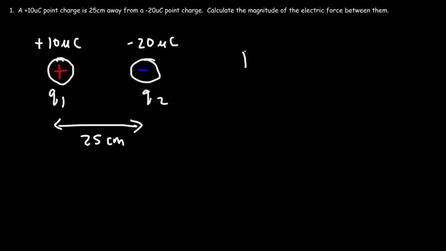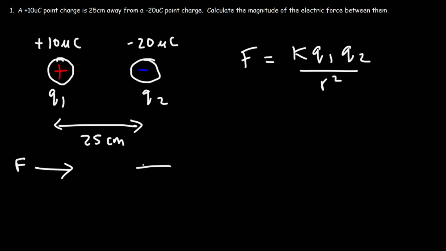So now let's calculate the force acting on the two charges. Now keep in mind, since we're dealing with opposite charges, these two will feel a force of attraction. So these two forces will be equal in magnitude. The force that is acting on charge 1 due to charge 2, you can call it F1,2.